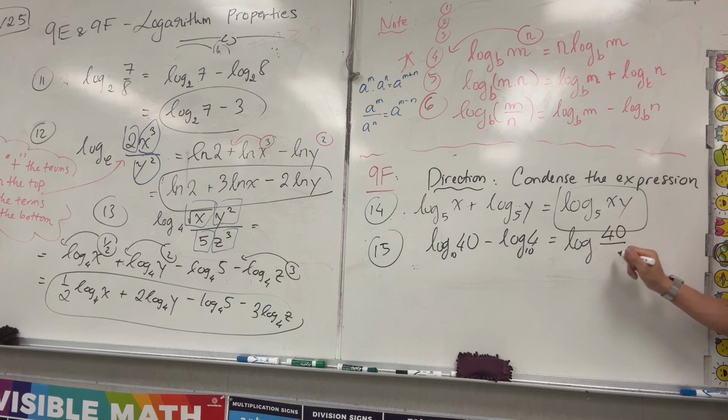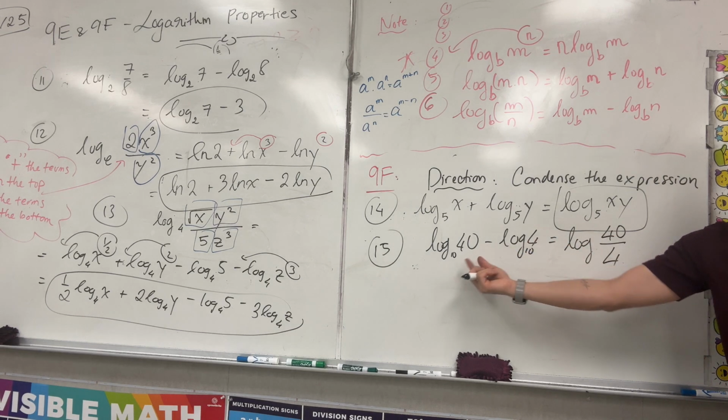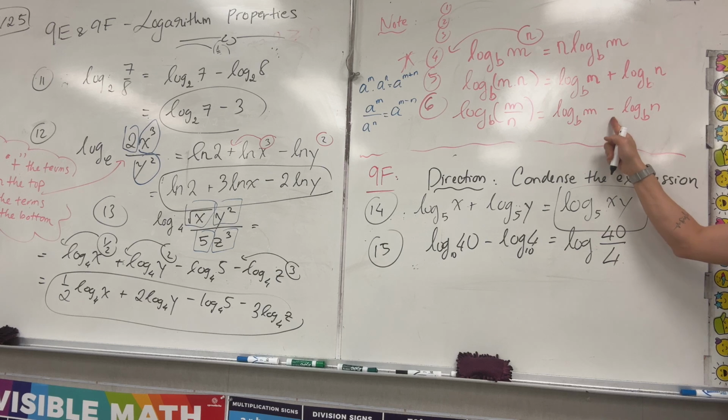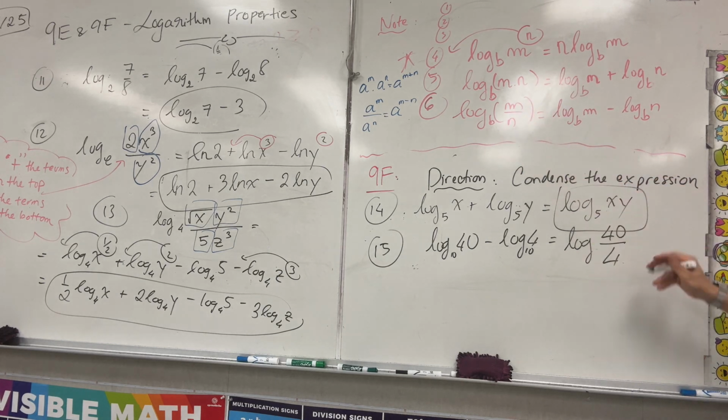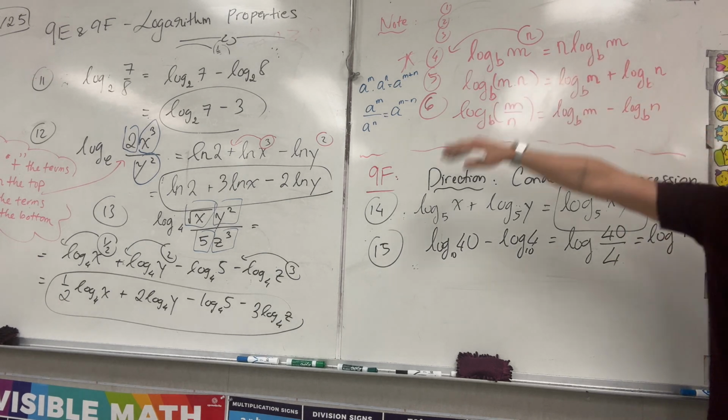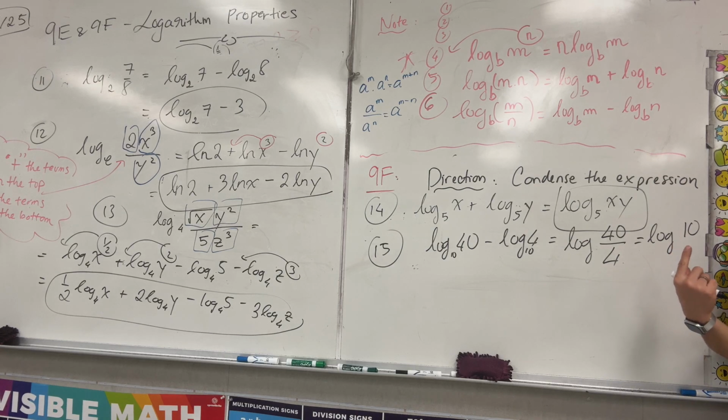40 divided by 4, right? This is subtraction. That means when you go backward, they are division, right? So now log of what? 40 divided by 4 is 10. So what is log 10? Oh, interesting. We have been going through very complicated problems and now what is log 10?